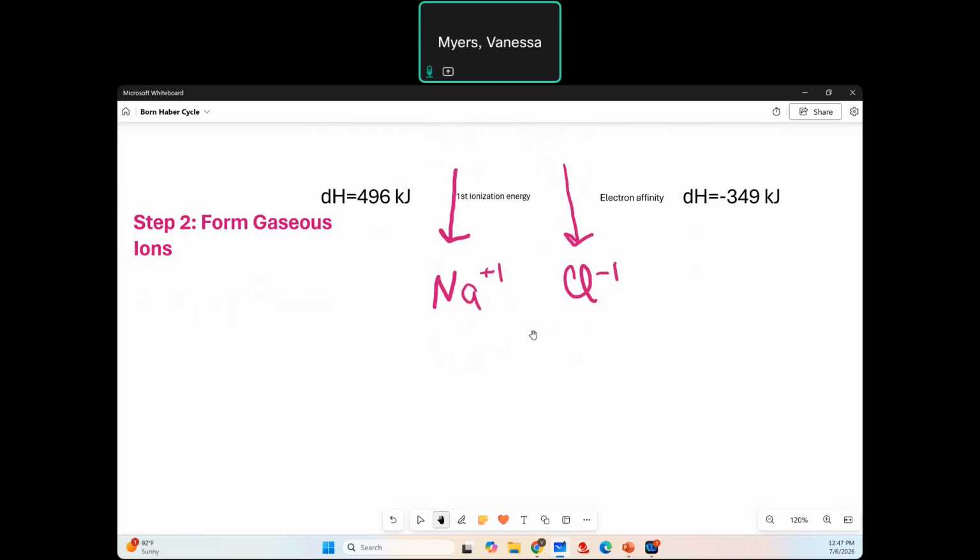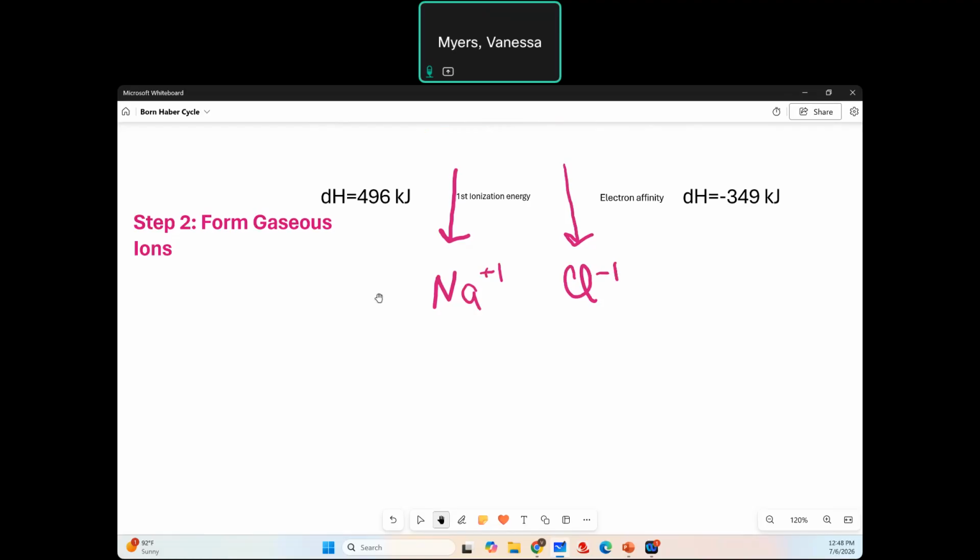Again, what does that mean? When you have an anion, a negative charge, that means that you were given a negative electron. And we have a word for that. The word for when an atom is given an electron is called the electron affinity. So the electron affinity here for chlorine is -349 kilojoules.